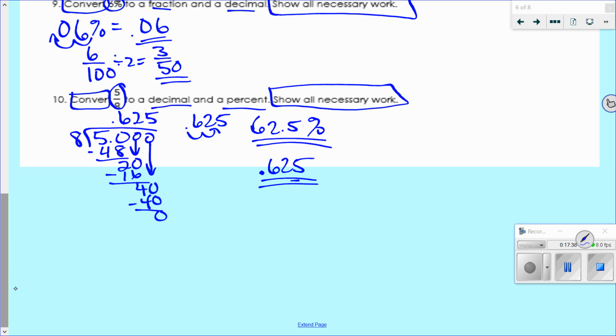Now, just to recap once again though, tests are important. How much are tests worth? 50 points. How many questions do you see? 10. Guess what? That 10 is worth 50 points. They're not worth 5 each. You can actually see some of these are worth a lot more than others. For example, what am I doing on this one? A decimal and a percent. So how many points is that one worth? 2.